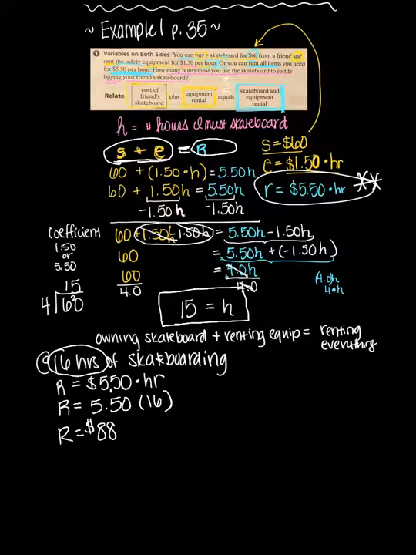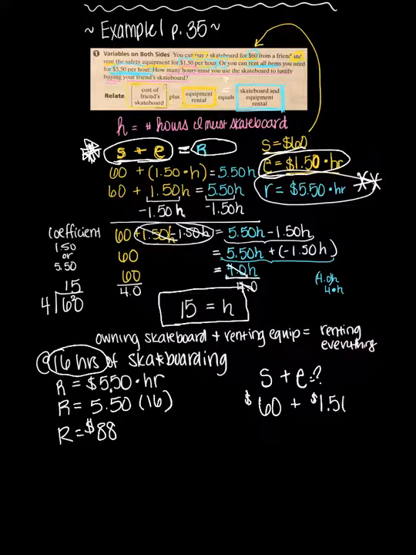What is the cost at 16 hours of buying my friend's skateboard and paying for just the safety equipment? Well, remember, I'm getting that equation from right back up here, guys. Remember that the cost of the skateboard was $60. So I'm going to plug that in to S. And the cost of my renting the safety equipment was $1.50 times the number of hours. And I'm getting that from up here.